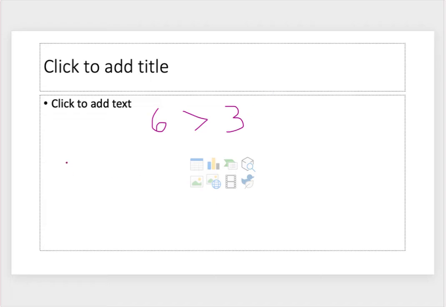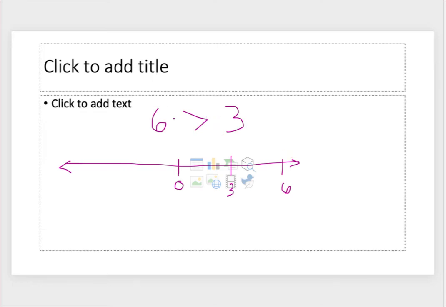When we draw a number line, here is 6. I should have gotten rid of this, but I didn't. Here is 6. Here's 0. Here's 3. And 6 is greater than 3 because it's farther to the right. Remember, on a number line, farther to the right means greater. So 6 is greater than 3, and you can see that.